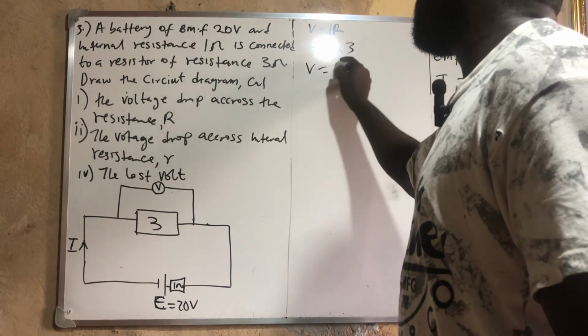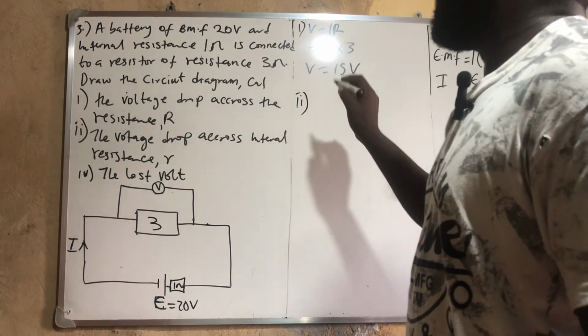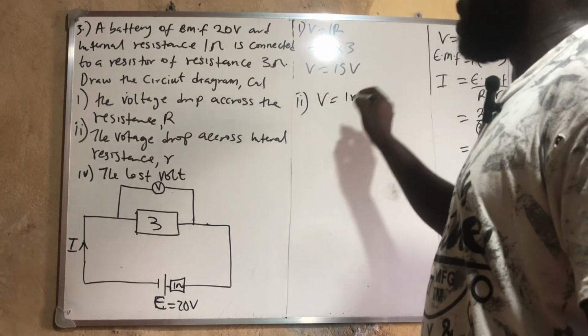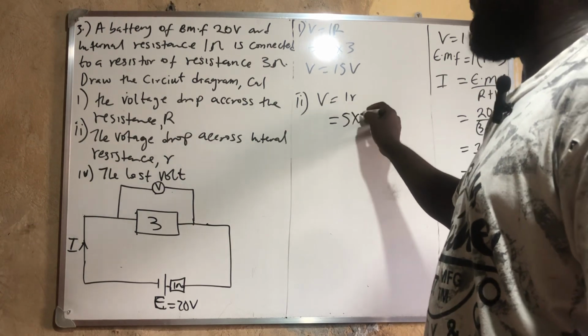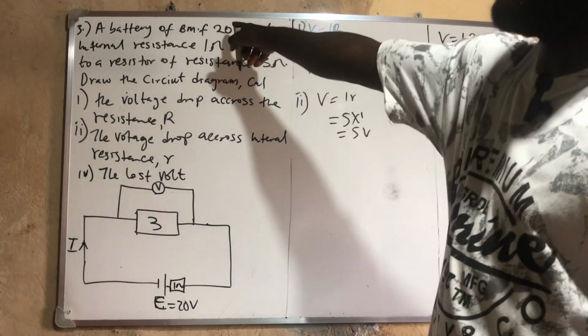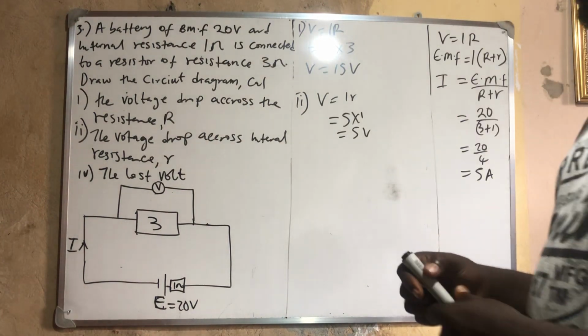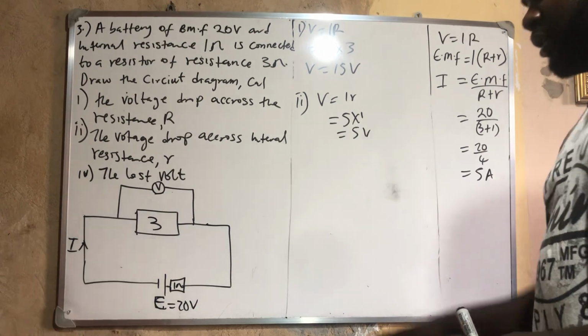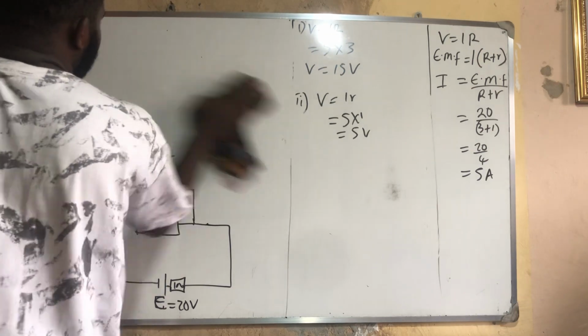So the voltage there is 15 volts. For my small r, V is equal to I small r, which is 5 times 1, which is 5 volts. So if you add the both of them, it's still giving us the complete 20 volts. Then your lost voltage is simply the voltage of the internal resistor. That is your lost voltage. Or use the formula for EMF and calculate it.